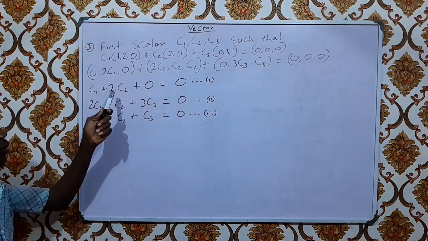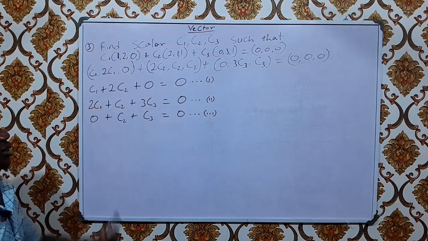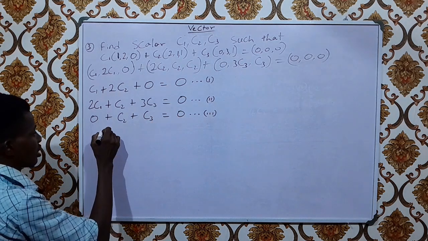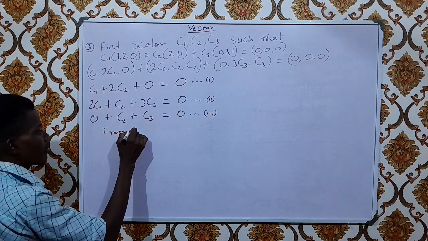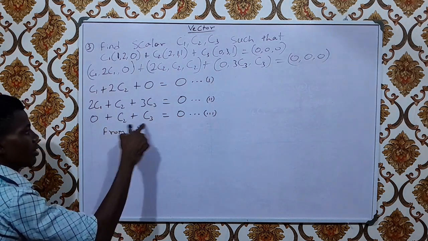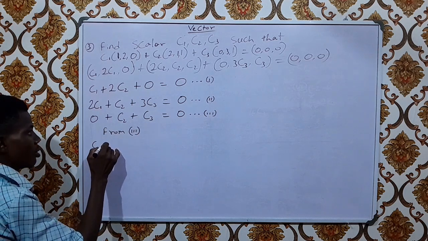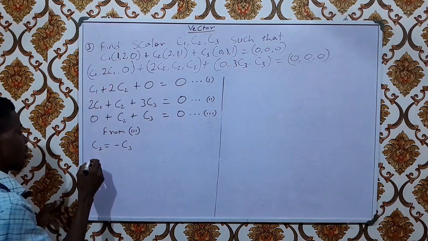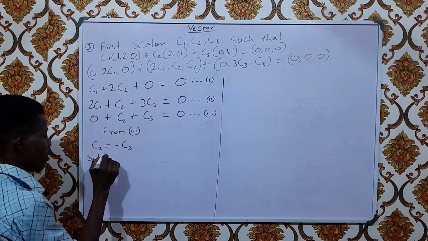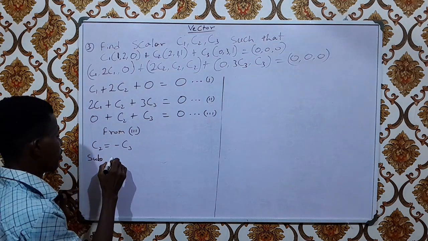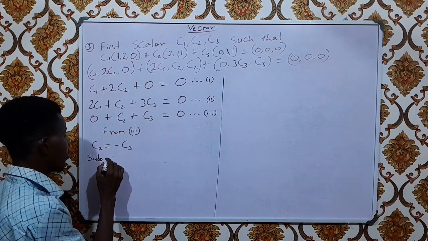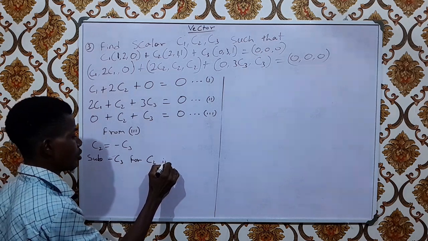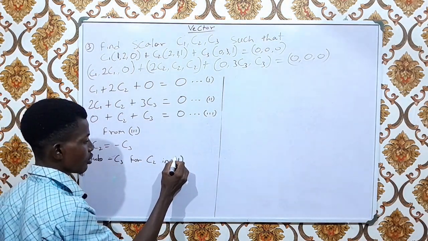I can start from equation 1, or I can start from equation 3 to solve it. Let me start from equation 3. From this 3, we now have that C2 is equal to minus C3. We now substitute minus C3 for C2 in equation 2.